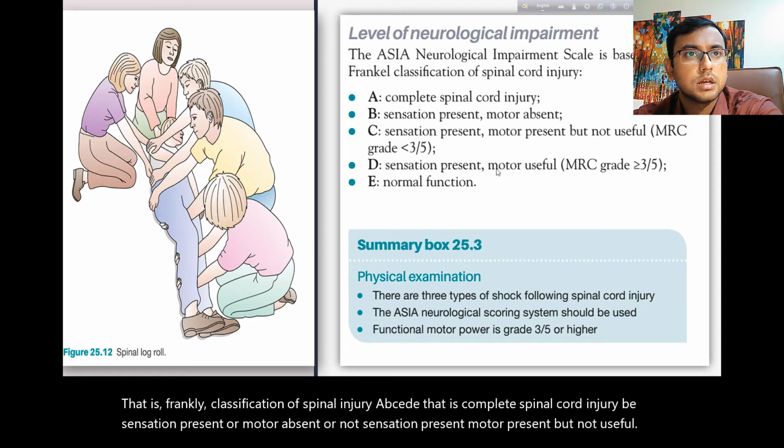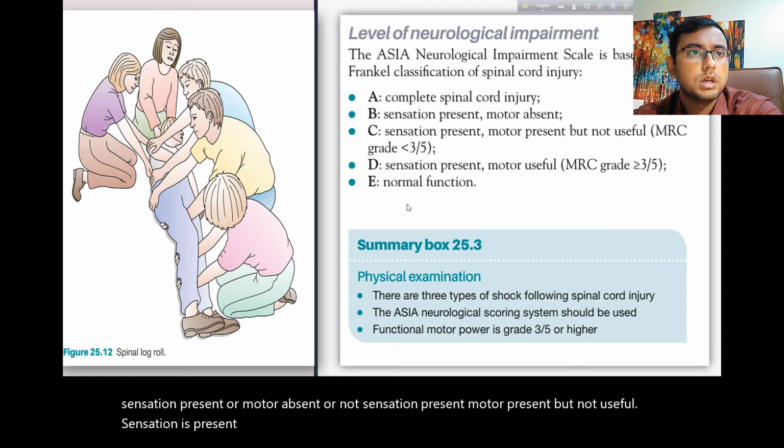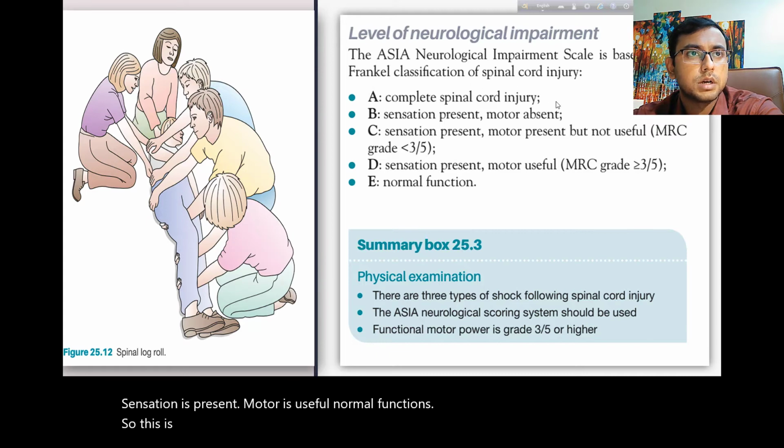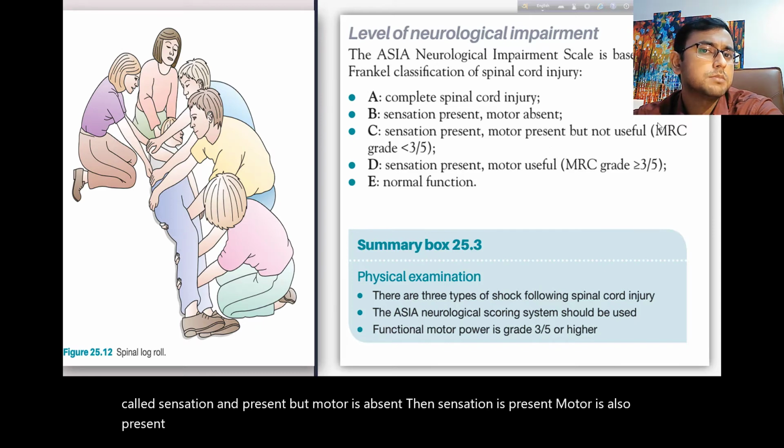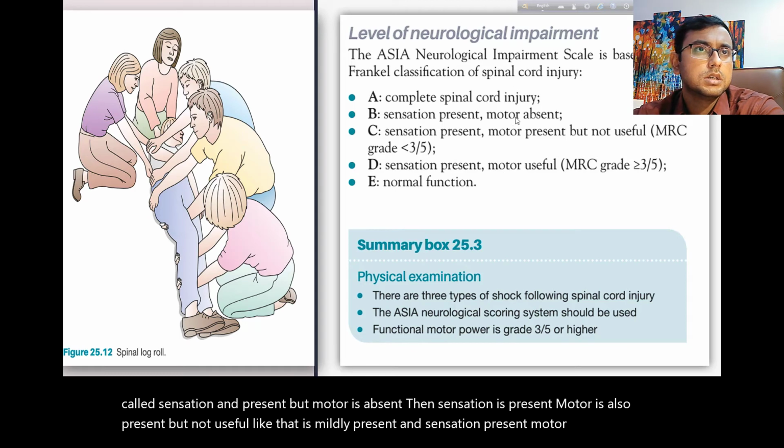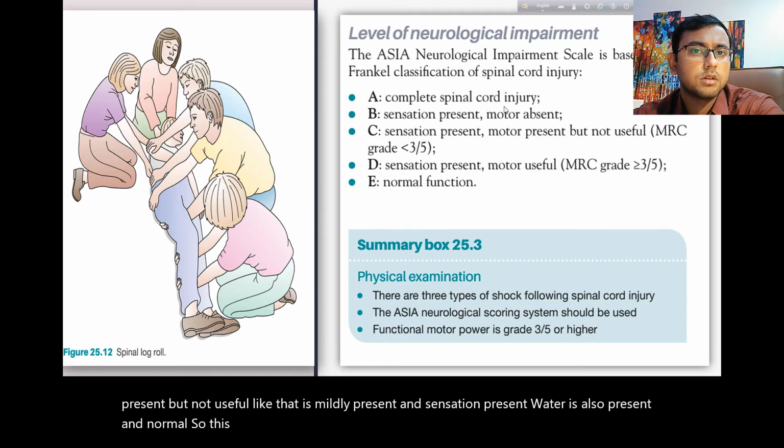D: sensation present, motor mildly present and useful. E: sensation present, motor also present and normal. So this is the grading of spinal cord injury.